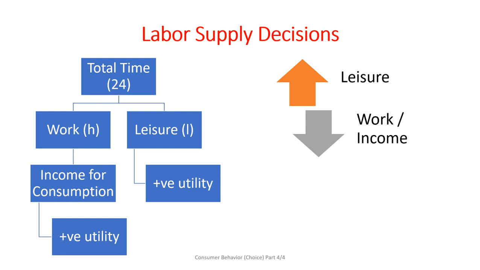And an extra hour of leisure means one less hour of work, which will impact your income and your utility as well. Therefore, if you want to increase the leisure hours, you will have to sacrifice working hours. In fact, you will have to sacrifice income, as the income is coming from work.